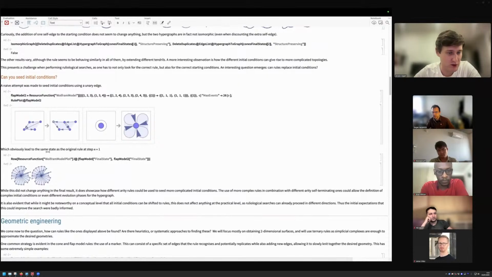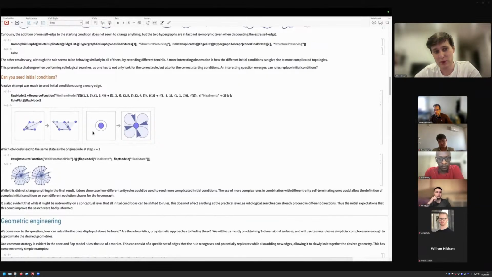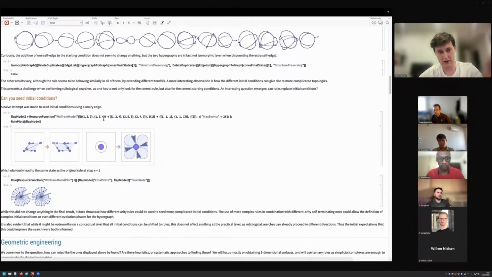In principle, if the rules did not have different arities and could interact, there could be some interesting stuff in the multiway structure, because then there is one path where exactly the same kind of updating happens as the original one: the initial condition gets seeded and then everything else happens.